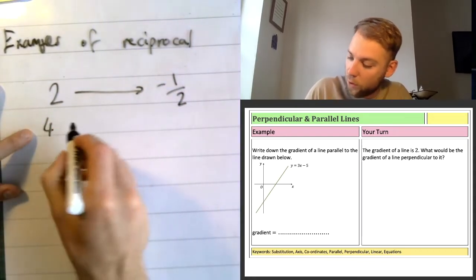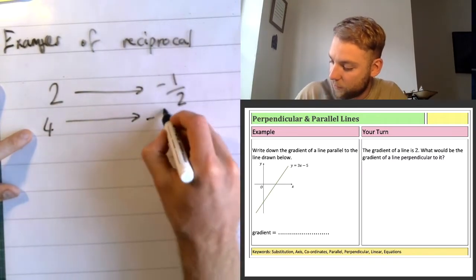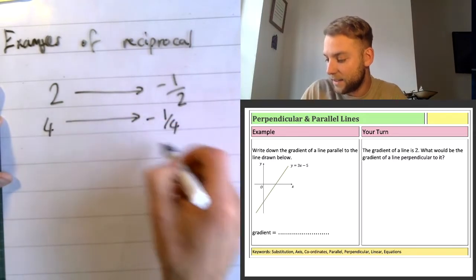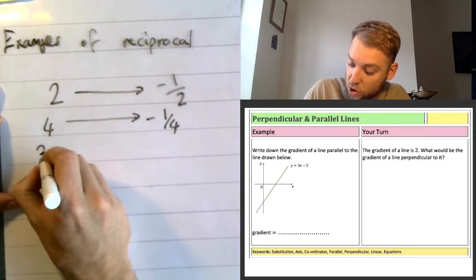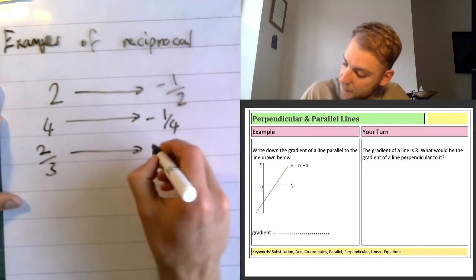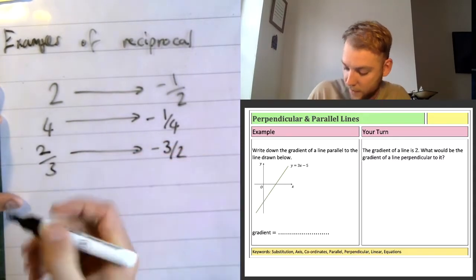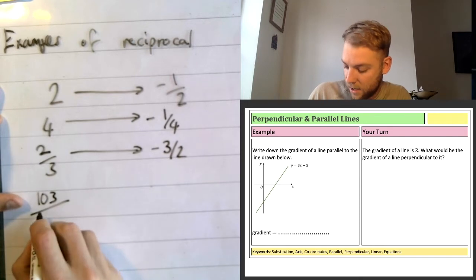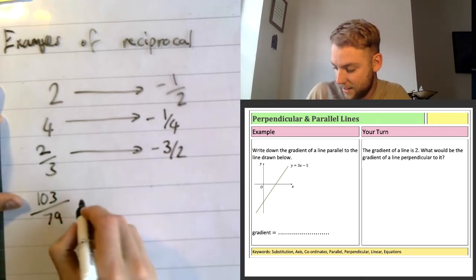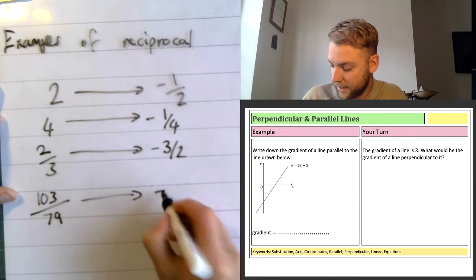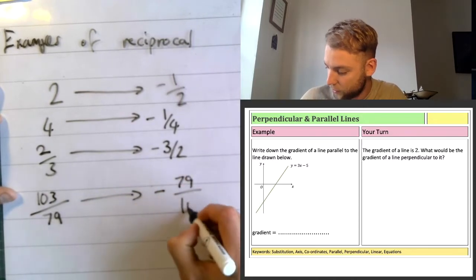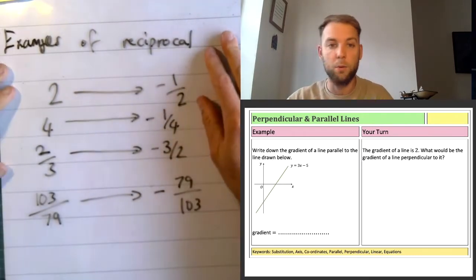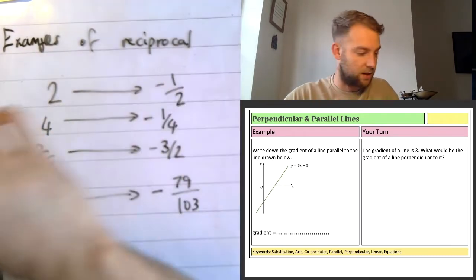If it's 4, it's going to be negative 1 over 4. So remember, this is negative 0.5, negative 0.25. If it was 2 over 3, it's going to be negative 3 over 2. And if it was 103 over 79, then the negative reciprocal of that is going to be negative 79 over 103. So you flip that fraction and make it negative. Now that's the important start with that. We do need to know all of that to get us started here.